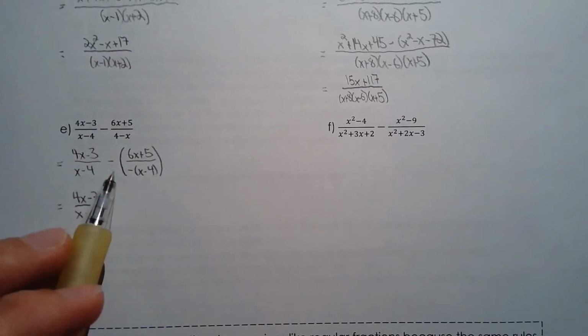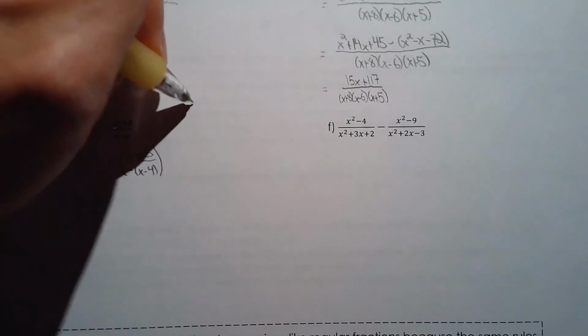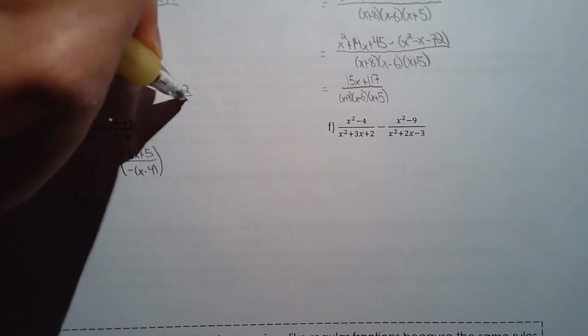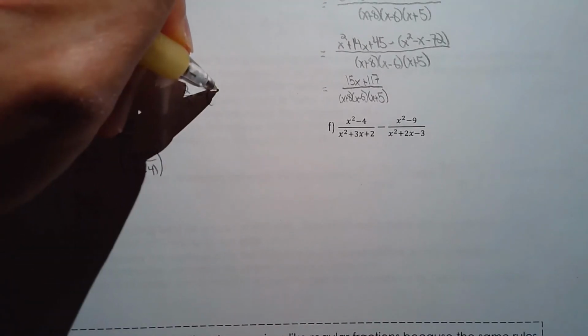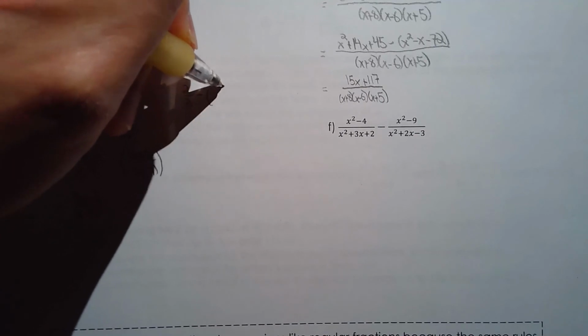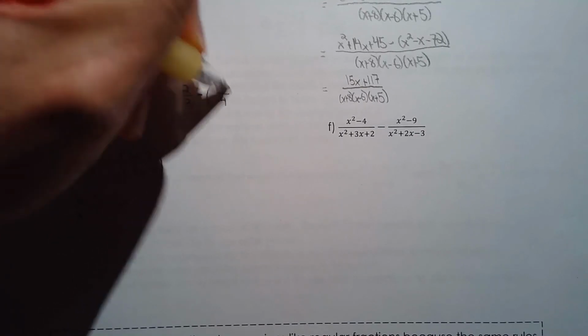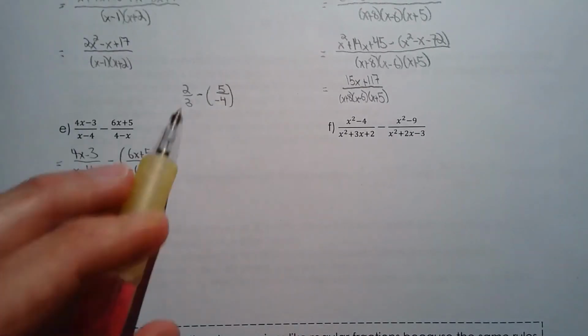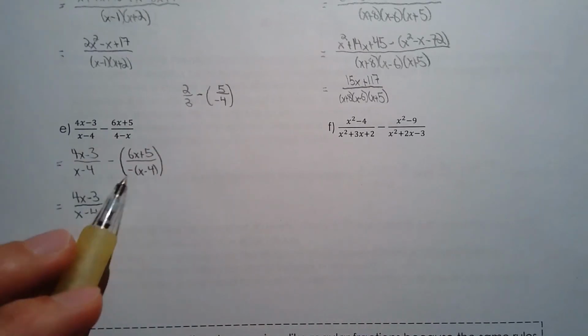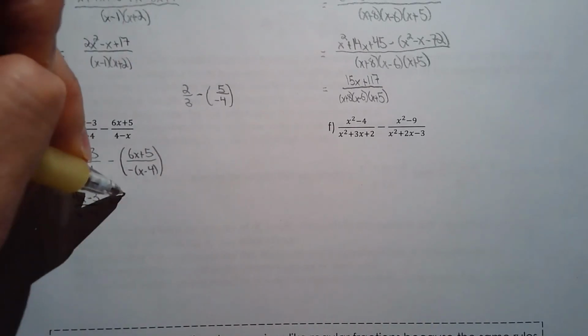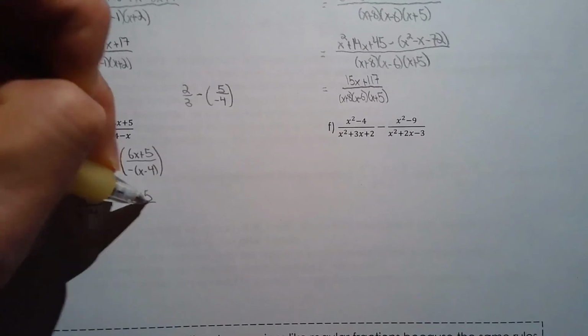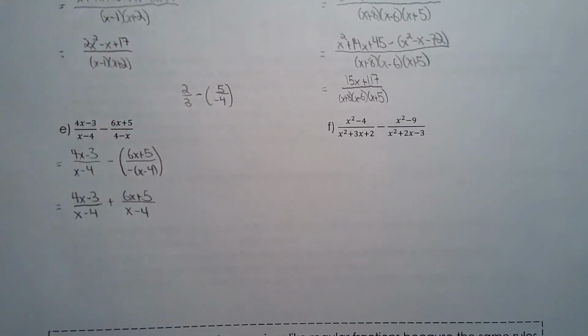If you want to see an analogy, this is analogous to, I don't know, let's say 2/3 minus 5 over negative 4. So that'd be 2/3 plus 5/4. It's exactly the same thing. And beautiful, common denominator. Oh, perfect. I don't do any work. It's 10x plus 2.